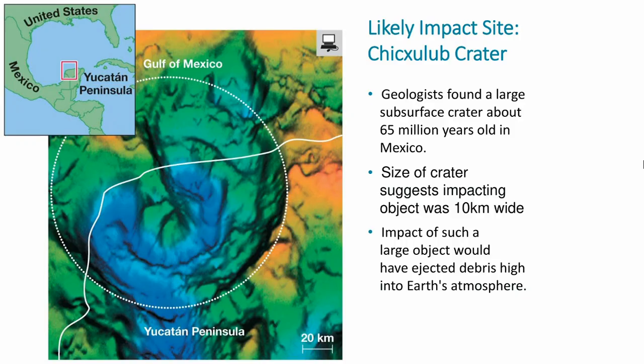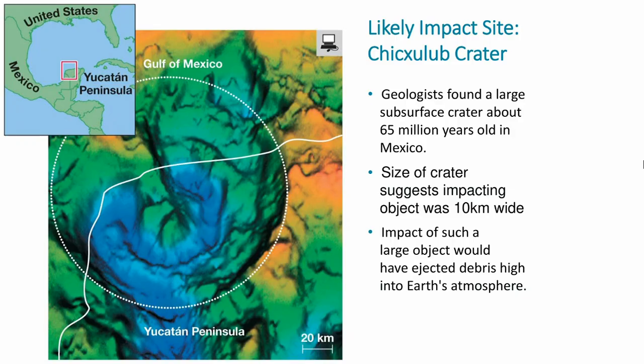I think it was 10 times the size of the impactor for the size of the crater it makes. And so if you look at this impact crater, it would tell you that the impactor had a size of about 10 kilometers. So 6 miles, so about the size of a city, but a city that's moving very fast and plowing into the Earth.